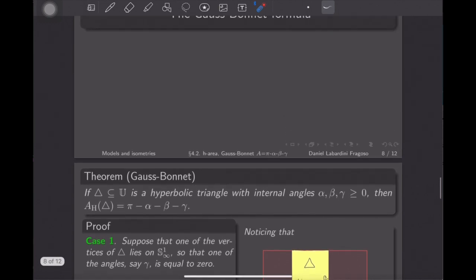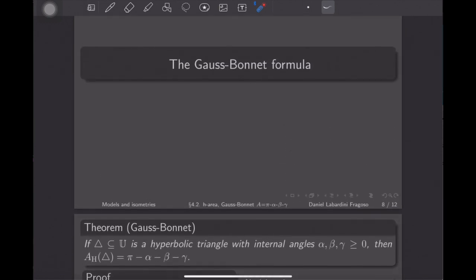So the generic picture would be that one vertex is a point at infinity, and the other two may or may not be points at infinity.